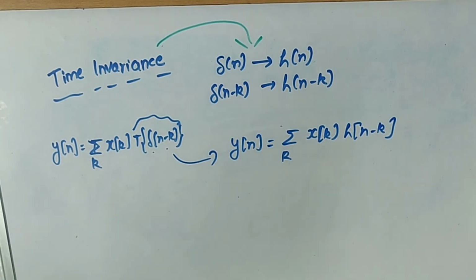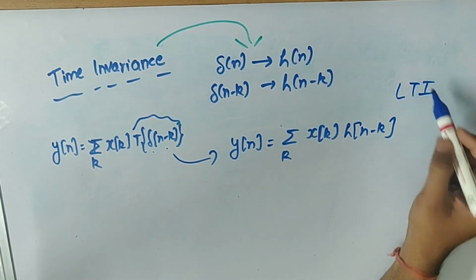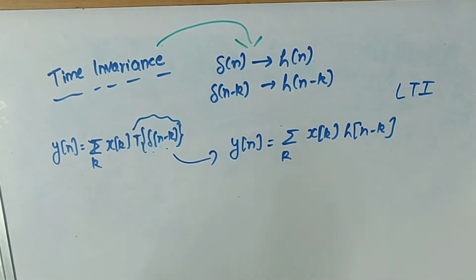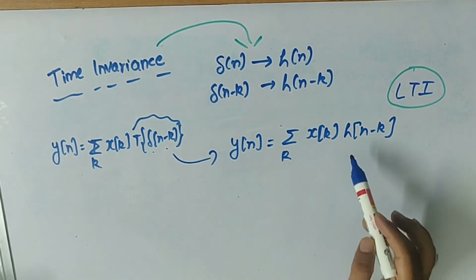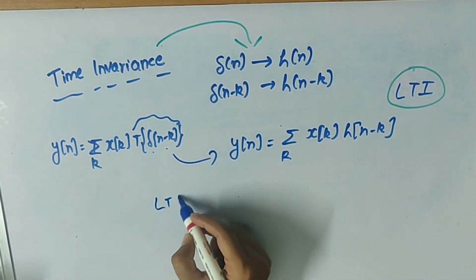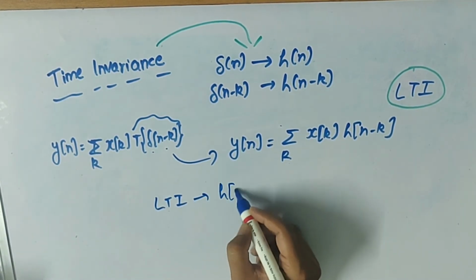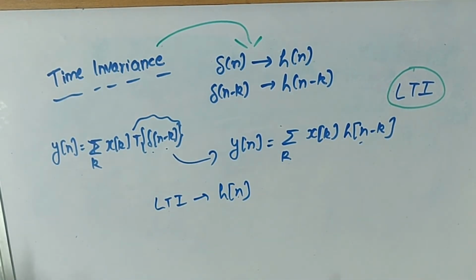So what is the usefulness that we are seeing here? It is saying that an LTI system, the linear time invariant system, is completely characterized by h[n]. h[n minus k] is nothing but its delayed version.